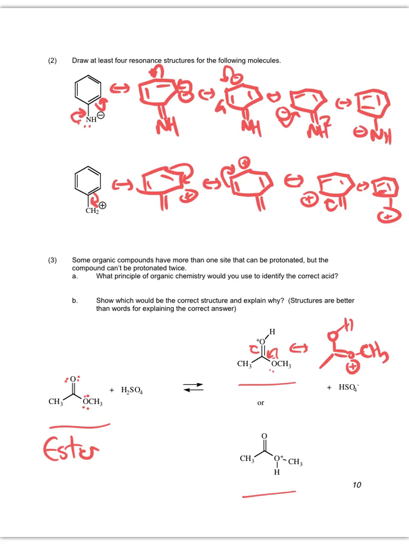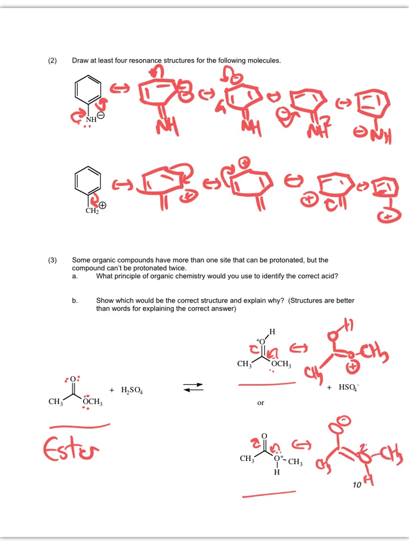On the second one, all we can do is send electrons towards the carbonyl again. So when we draw it, we get an oxygen with a negative charge. We have the CH3, better draw the CH3 up here too. Oxygen with a double bond, hydrogen and a methyl.